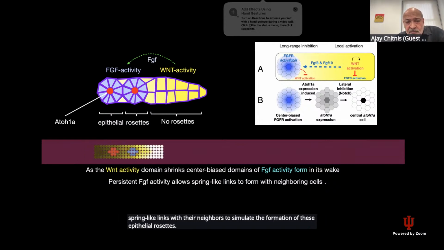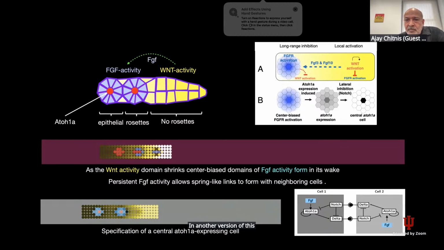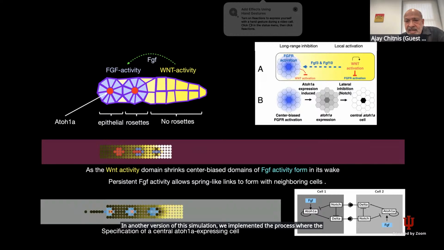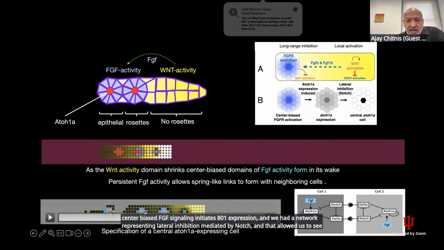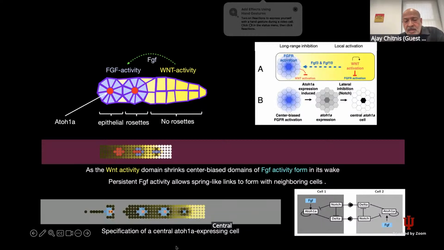In another version of this simulation, we implemented the process where the center-biased FGF signaling initiates 801 expression, and we had a network representing lateral inhibition mediated by Notch, and that allowed us to see how, in the same context, a central 801 cell would be specified.